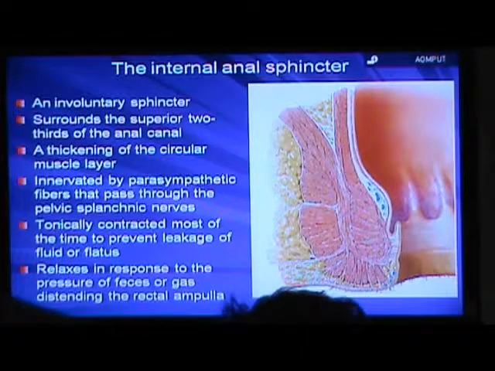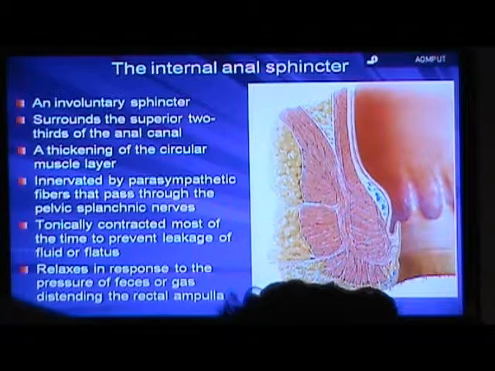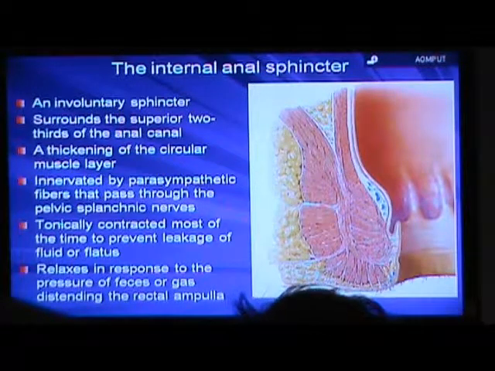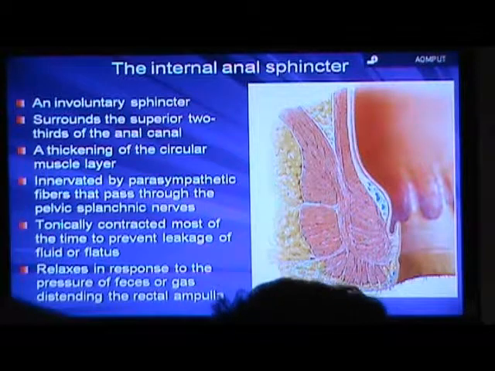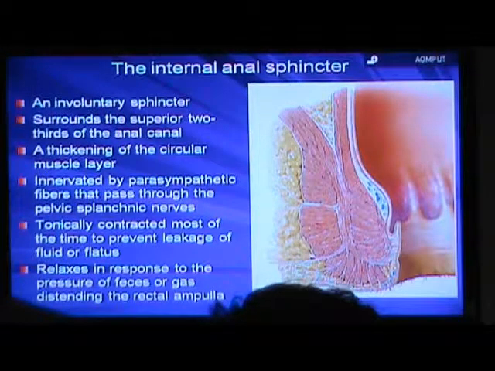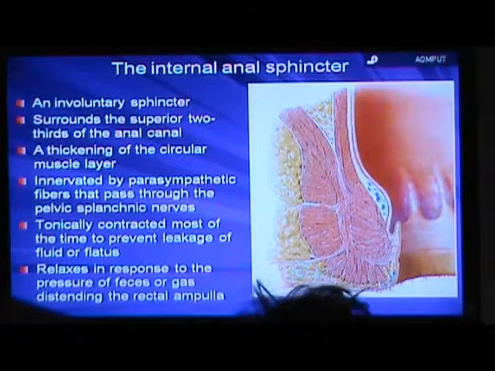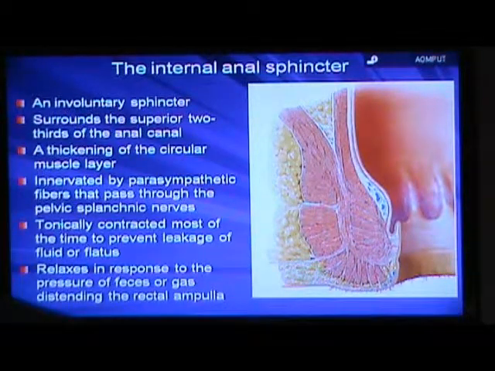So we remember that the parasympathetic fibers relax the sphincters, yes. The internal anal sphincter is tonically contracted most of the time to prevent the leakage of fluid or flatus, and relaxes in response to the pressure of feces or gas distending the rectal ampulla.